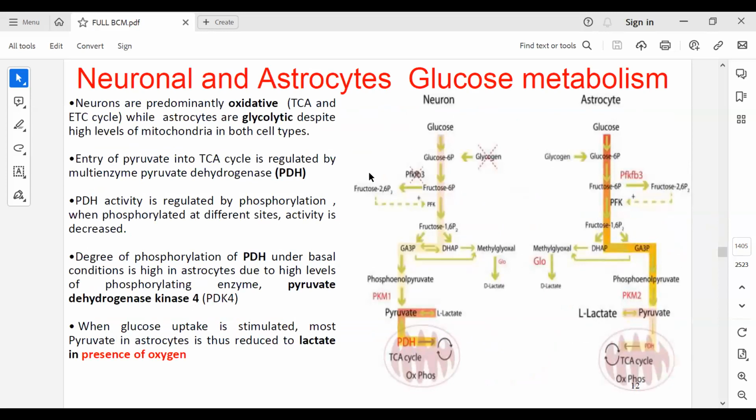Neurons are predominantly oxidative, and so the neurons will mostly carry out the TCA cycle and the ETC, the electron transport chain, to give you the ATPs. But the astrocytes are more glycolytic. They will carry out more of glycolysis.